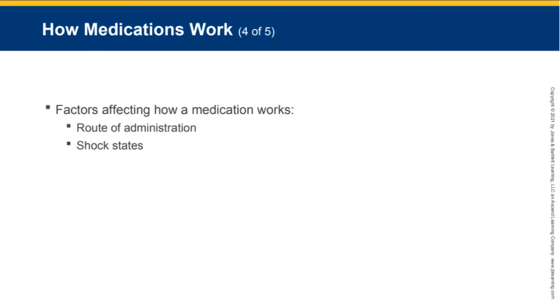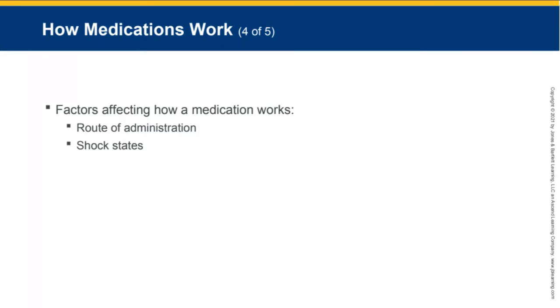Factors affecting how medications work. The route of administration of the drug affects how it works, whether it's the oral route, the nasal route, intravenous, or intramuscular, all of which we'll see shortly.